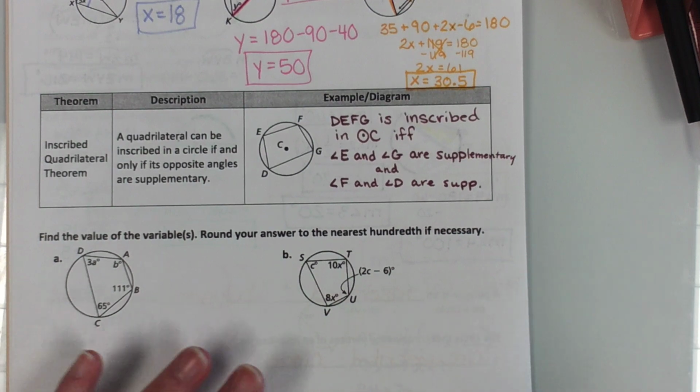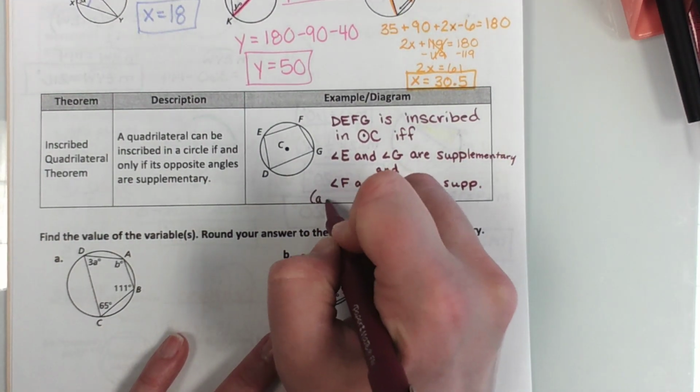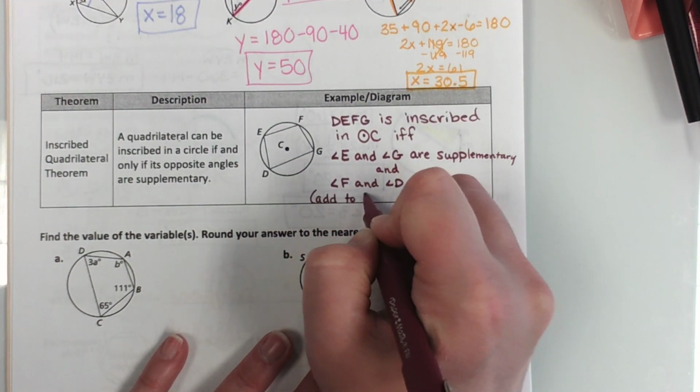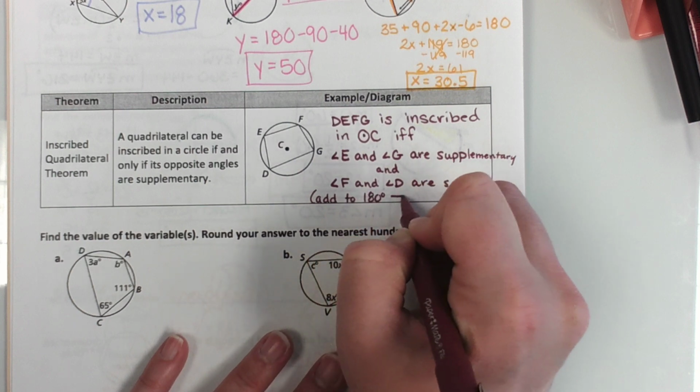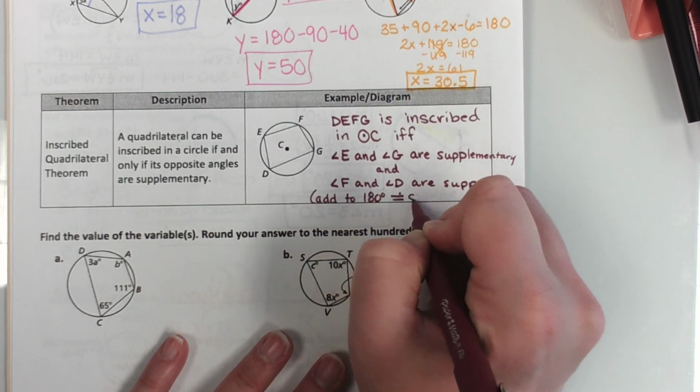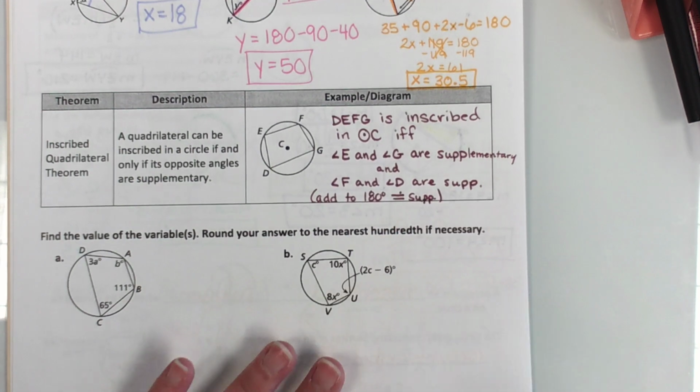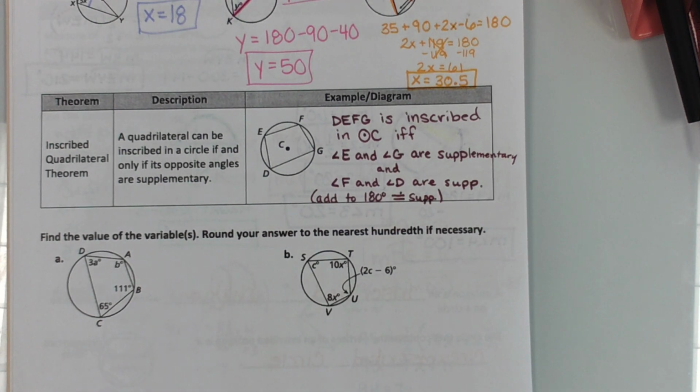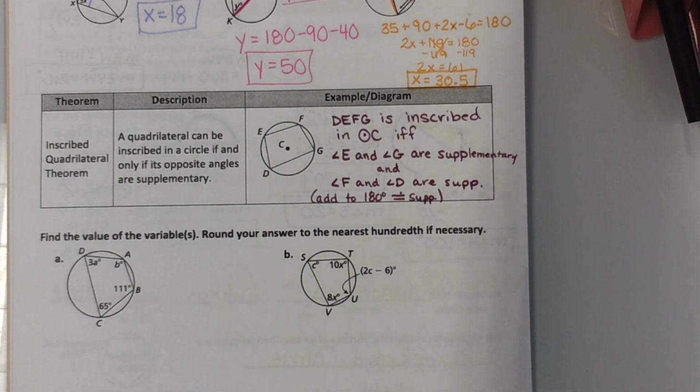And supplementary means they add up to 180. Oftentimes people set the opposite angles equal. Be careful of that. That's not what the theorem says.